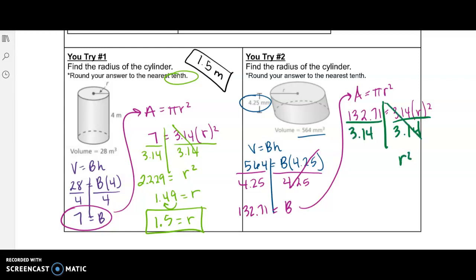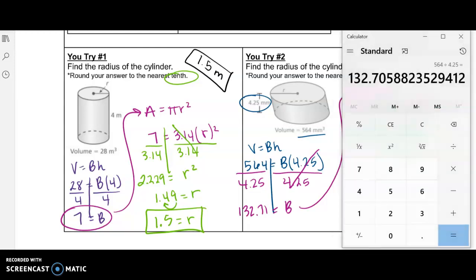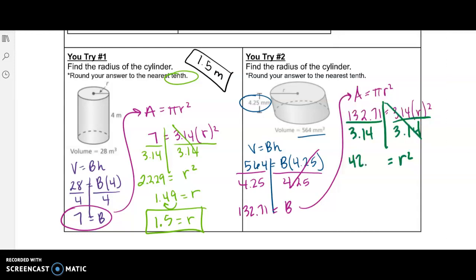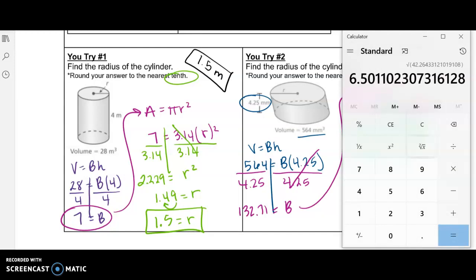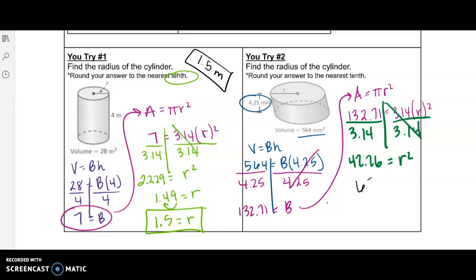Those cancel, leaving us with r squared equals 42.26. It's a little rough, but that's okay. So now we're going to take the square root of that. So I'm just going to hit that square root button, and that is about 6.5 equals our radius.